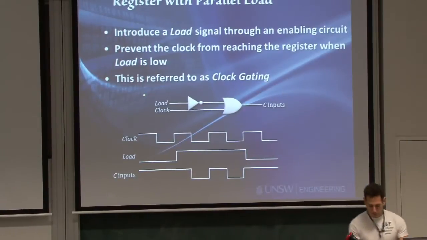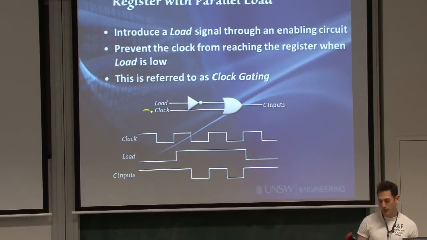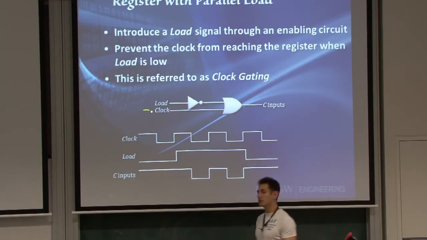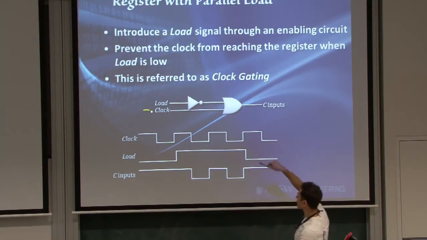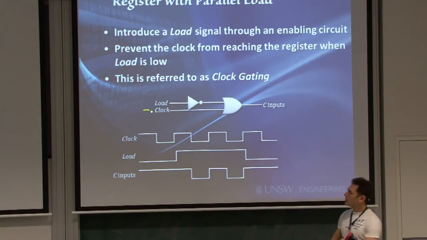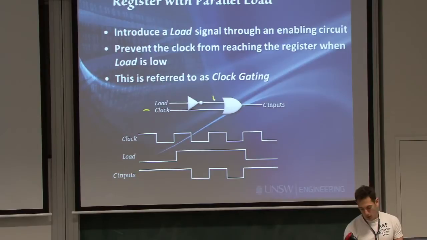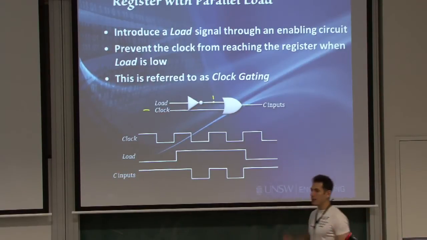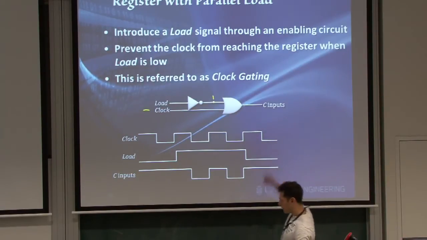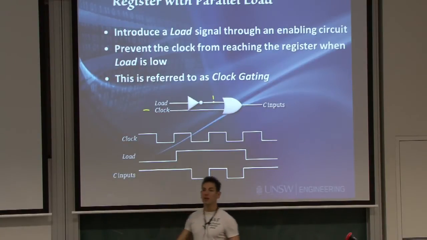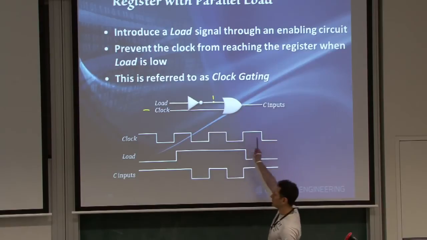We're going to have the master clock coming in, and we're going to have a load or an enable signal as part of the inputs. When this load is 0, the output here will be 1, and this OR gate there will keep our input to the flip-flop, to the clock, always high, regardless of whatever the real clock is doing.